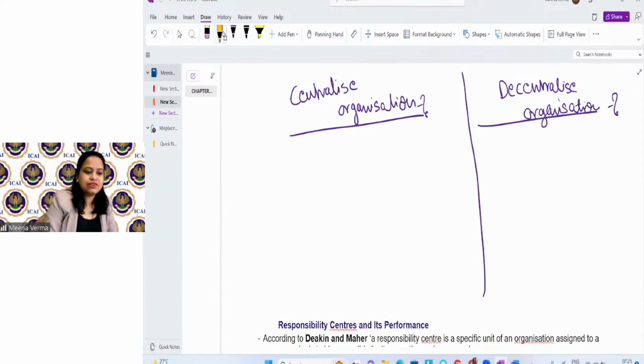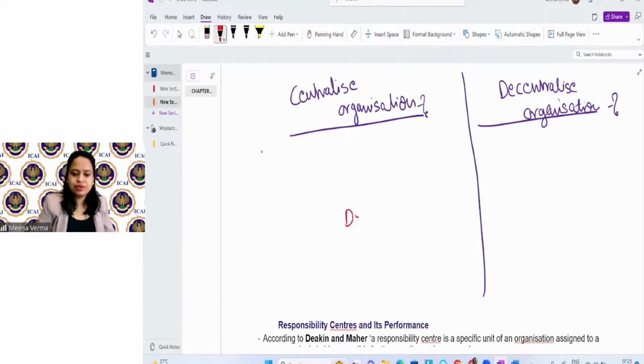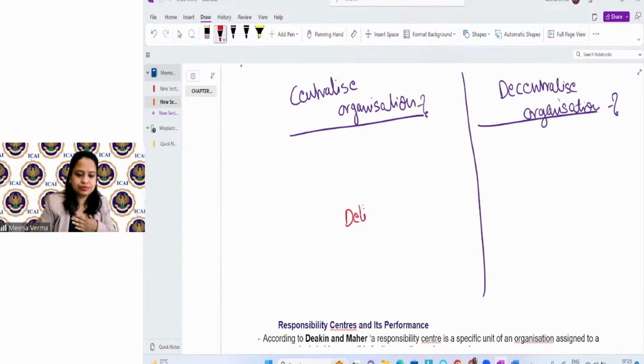So what is a centralized organization? For example, I have a company and the head office is in Delhi, right?